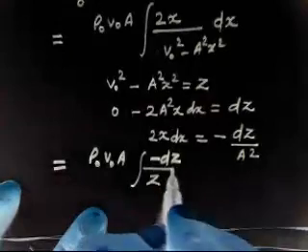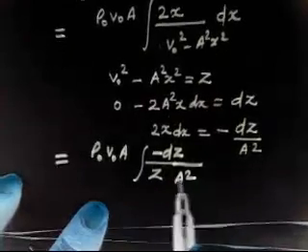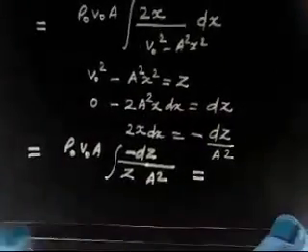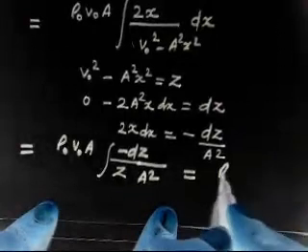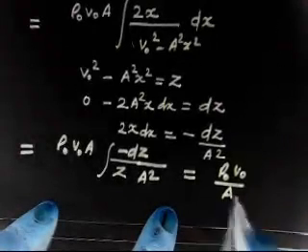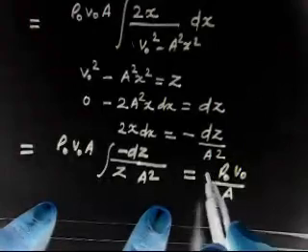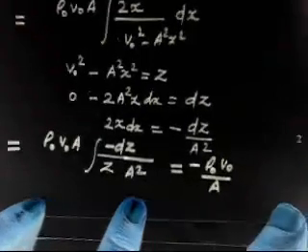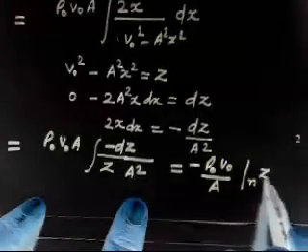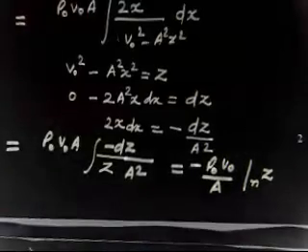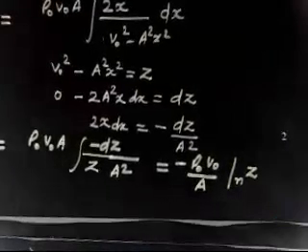So it will come out to be, I think you are able to understand, p naught v naught by a square goes out with a minus sign, and dz by z is ln z. Are you getting? Now I think you are able to understand.